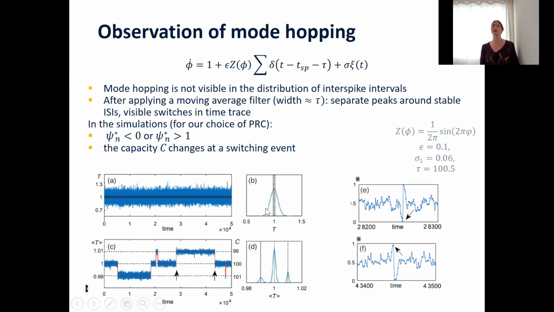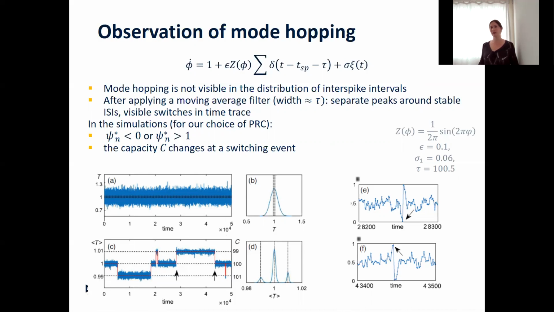And also not in the distribution of the interspike intervals. But after applying a moving average filter with a width that is more or less equal to the delay, you find indeed events here of clear hopping between a solution with a period 1, then here a solution with a period 0.99. This is for a large delay, which is why the differences are so small.